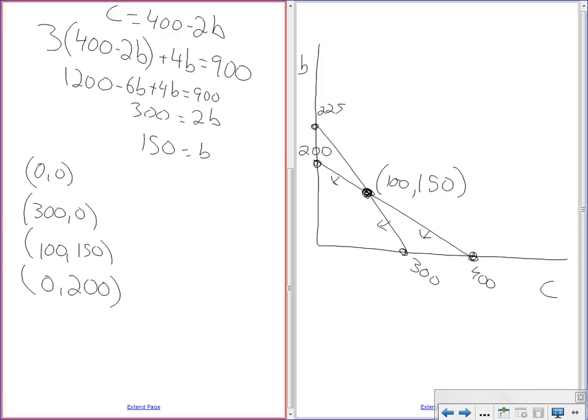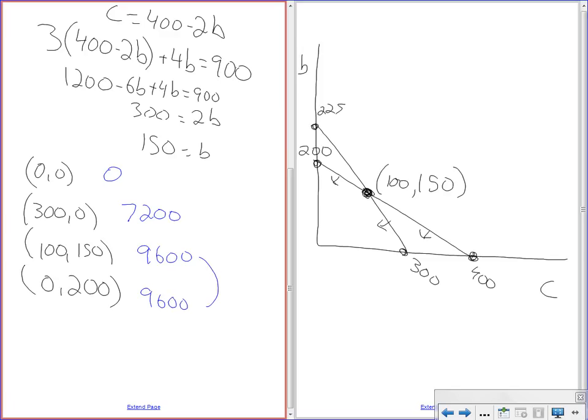When you put those into your objective, you're not going to make any money if you don't plant anything. The 300 point, you wind up making $7,200. This one you make $9,600, as well as this one.